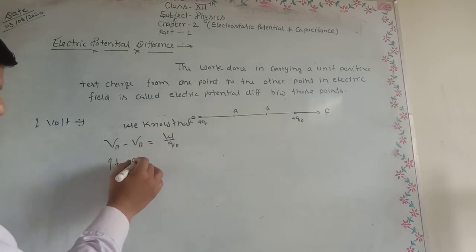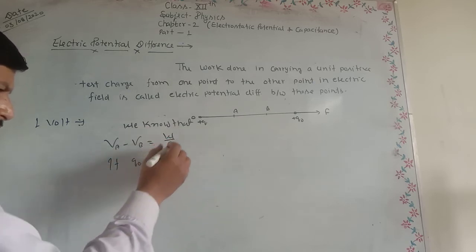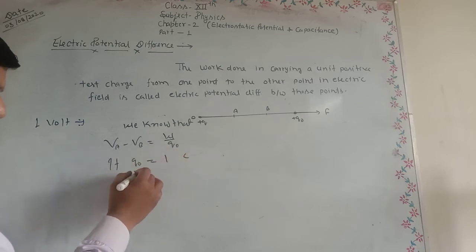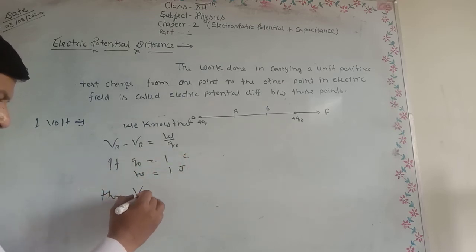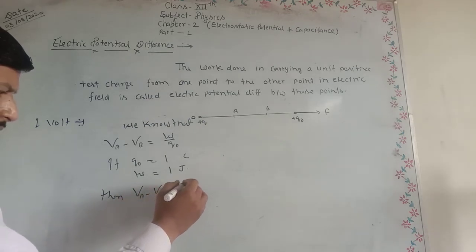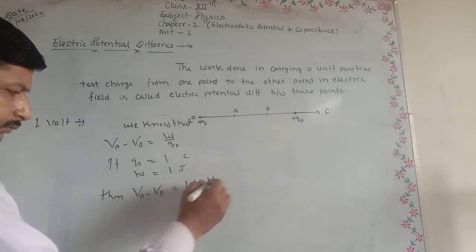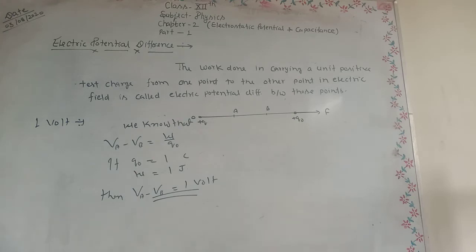If Q0 is equal to 1 coulomb and W is equal to 1 joule, then VA minus VB is equal to 1 volt. So students, if 1 joule of work is done in carrying a unit charge from one point to the other point, then the potential difference between these points will be 1 volt.